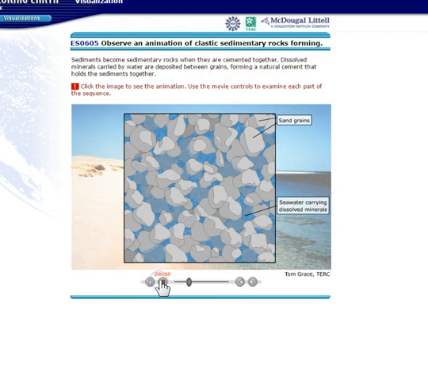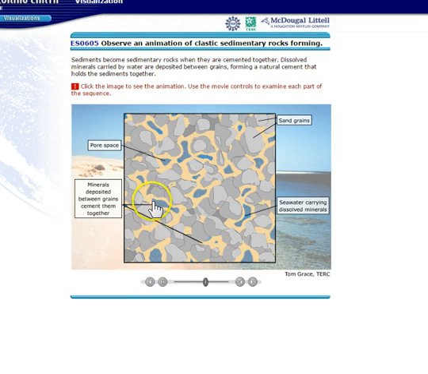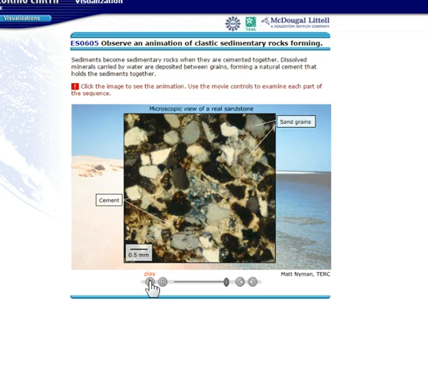So when we look here, we see this is like a zoomed in version of these sediments. Here they are, water's in between. Here are sand grains. Water's going to get squeezed out. What's left is the mineral, so all this yellow stuff is that mineral that's left over once the water goes away. That mineral acts like glue, and that's going to create our rock, which will be known as our sedimentary rock.